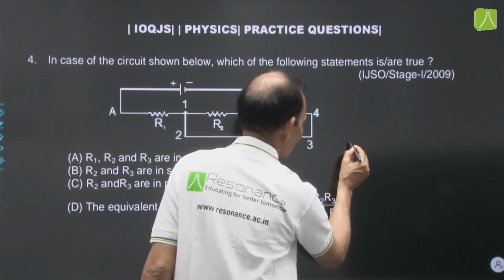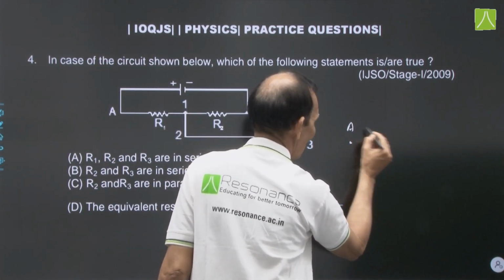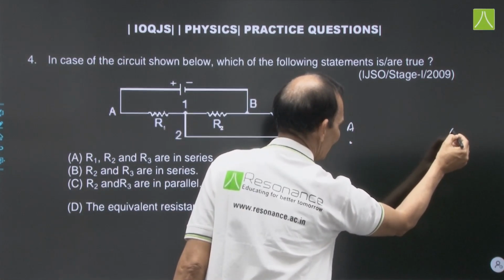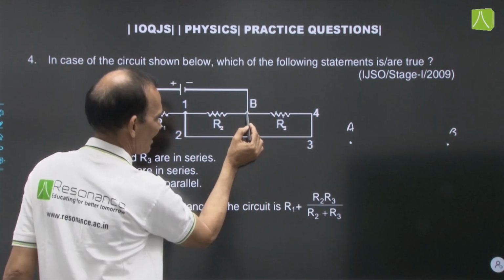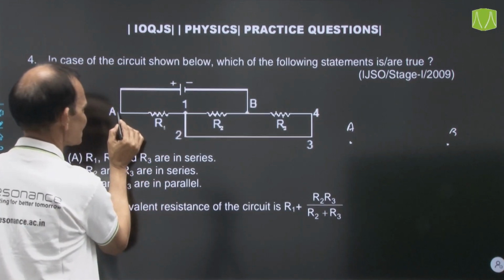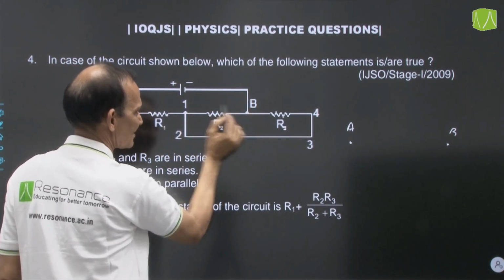So, write here A and here B. Think about this point. This is B, okay. This is A. The battery is connected here.